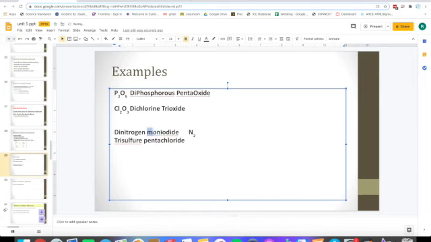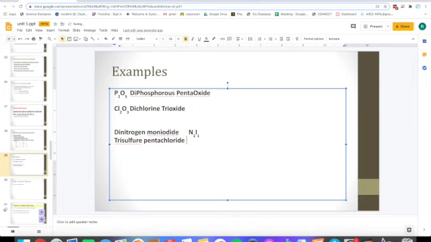And then mon is the prefix for 1. And the element you're talking about is iodide, which is I. And then there's only 1. You can put the number 1 if you want to, or you can just leave it. I will leave that up to you.